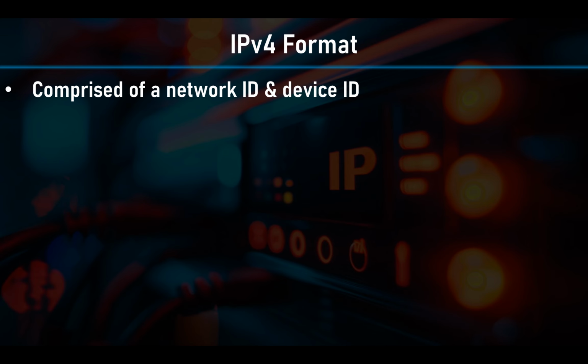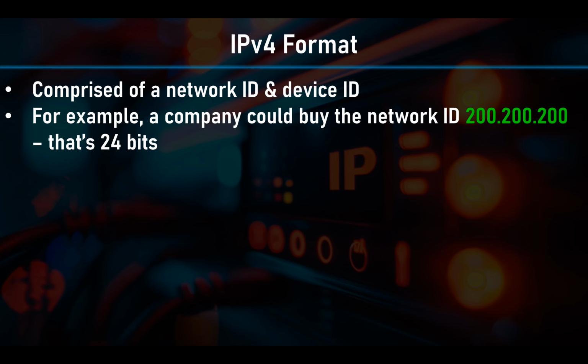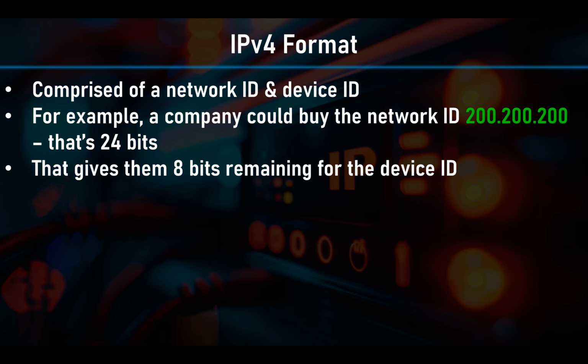If we look at the format, and they often ask this in exams, the format comprises a network ID and a device ID. For example, a company could buy a network ID of 200.200.200, which is 24 bits. That gives them 8 bits remaining for the device ID, since IP version 4 is 32 bits.